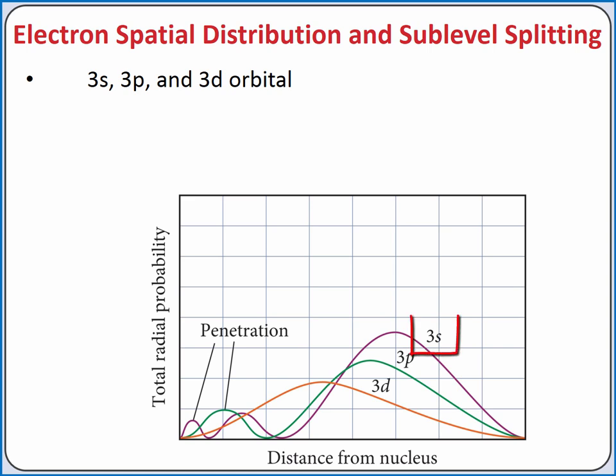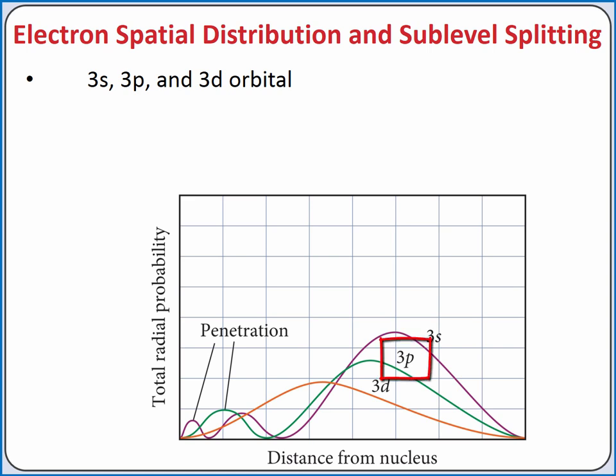The 3s subshell has 2 nodes, which put a relatively greater amount of the probability closer to the nucleus, so it has the greatest penetration effect, and subsequently the lowest energy, compared to the 3p and the 3d subshells.